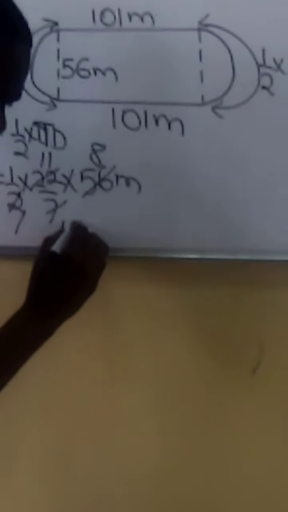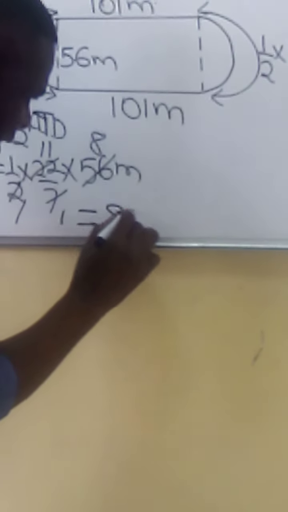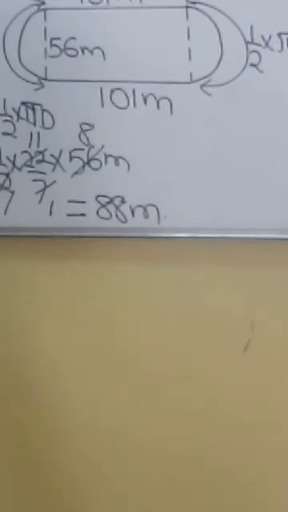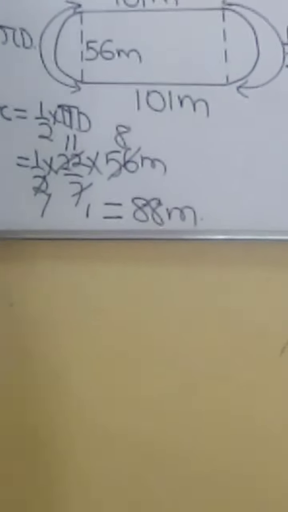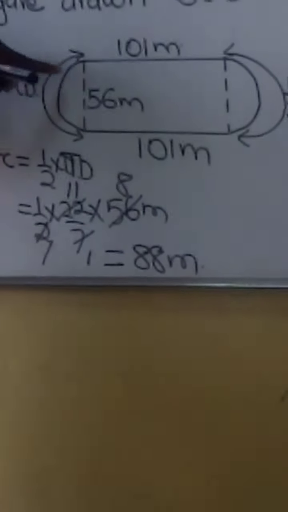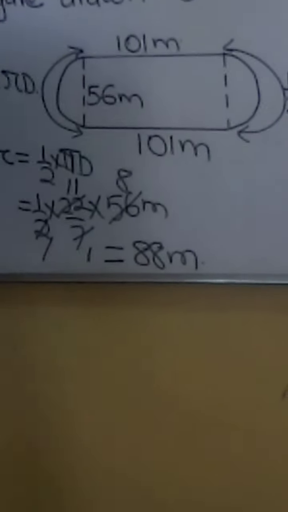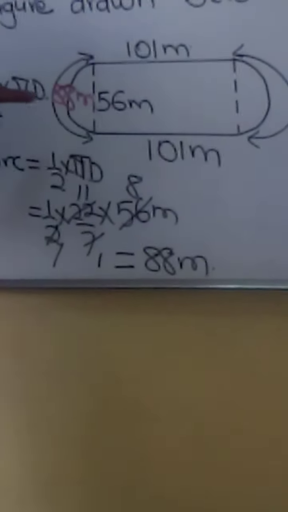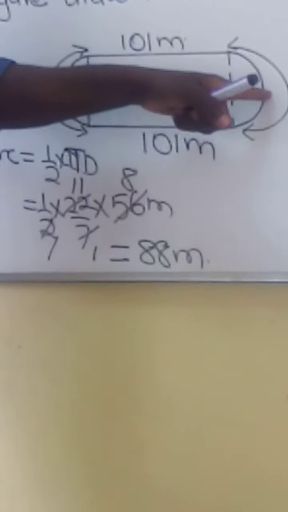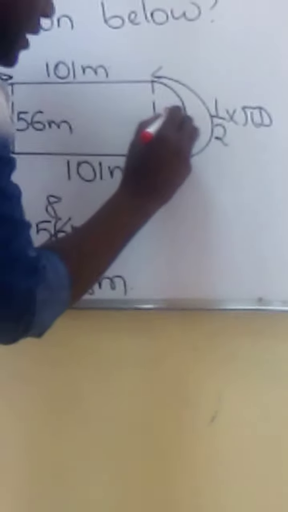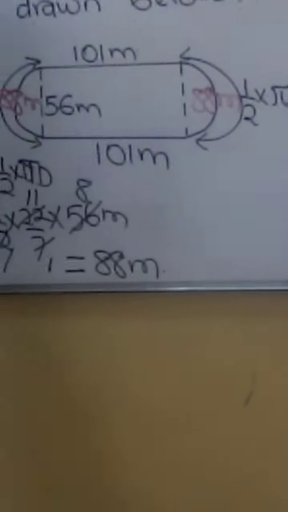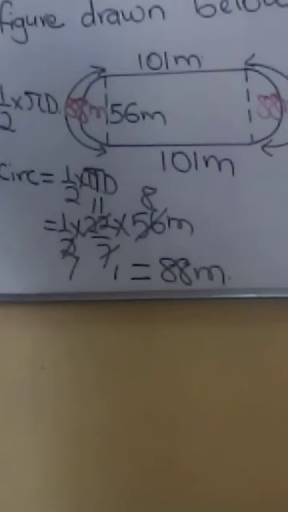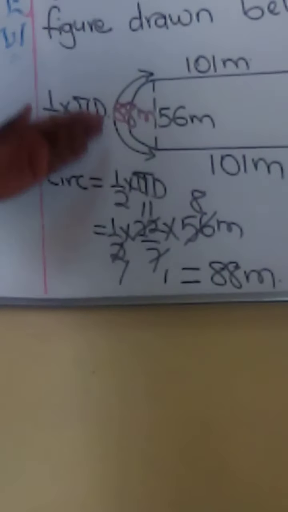So the answer here would be 88 meters. Having found the size of this curve, 88 meters, it is the same as that side, the two sides are equal, so this side is also 88 meters. You don't need to calculate again.